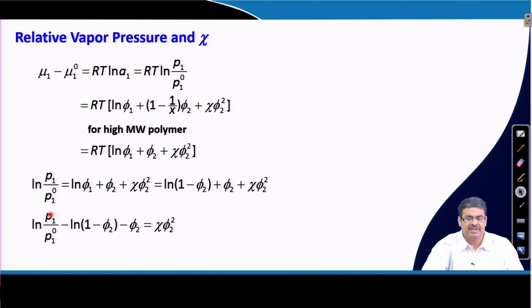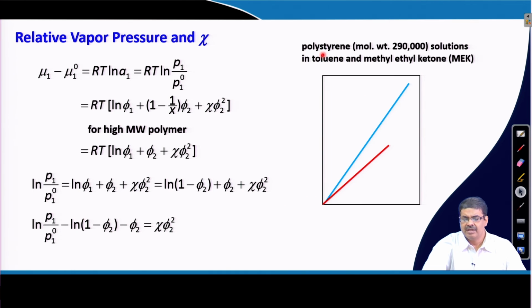Now, what is Pi? Pi is the partial vapor pressure of the solvent in the solution, and Pi naught is the vapor pressure of the pure solvent at that particular temperature. So, this is one example of polystyrene of molecular weight 290,000 in toluene and methyl ethyl ketone.